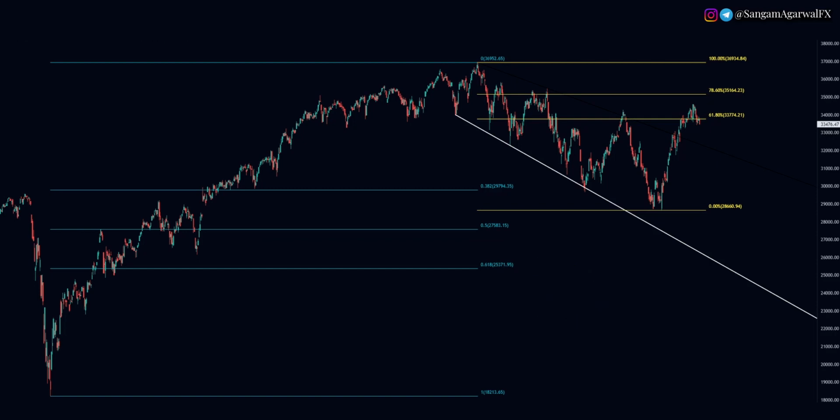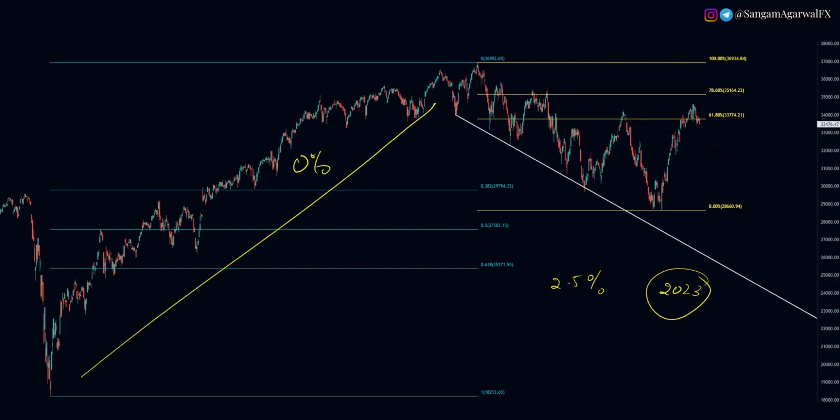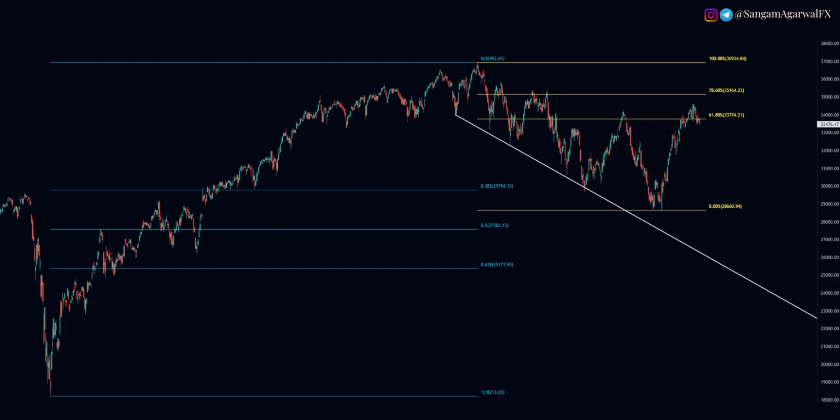Even if they cut back to 2.5% at the end of 2023, this market is based on 0% interest rate and Fed QE. So that is why long term it is bearish and risk is new lower low.